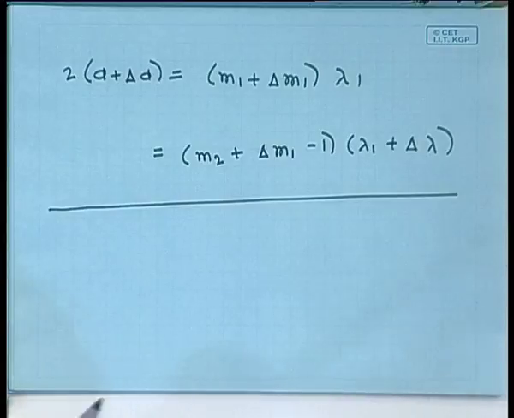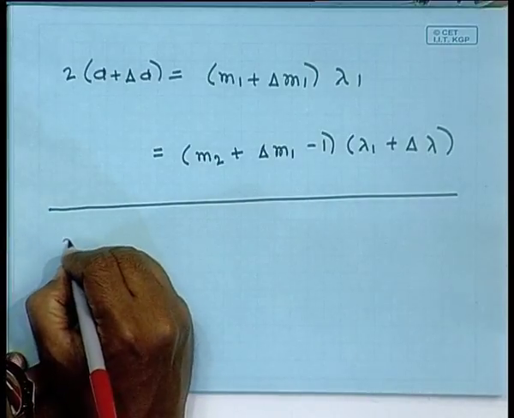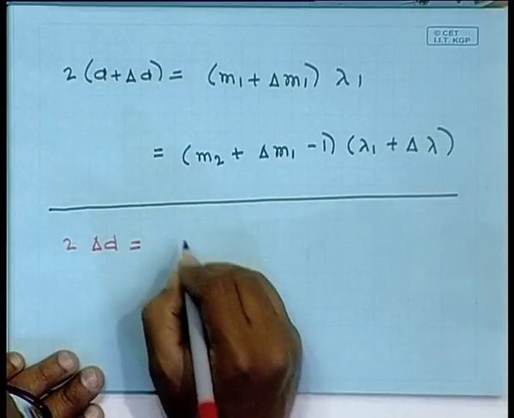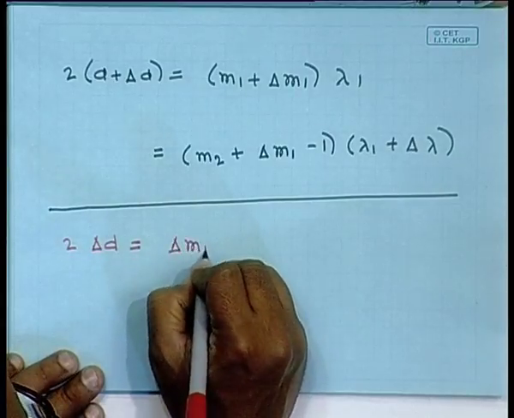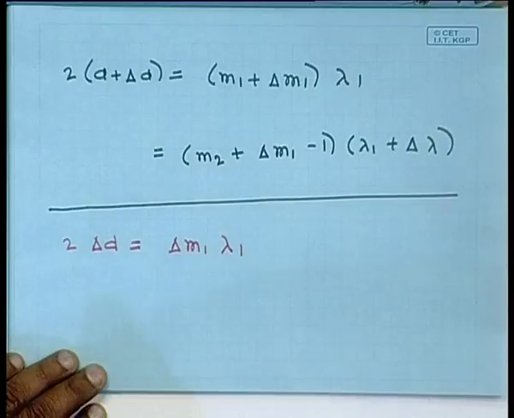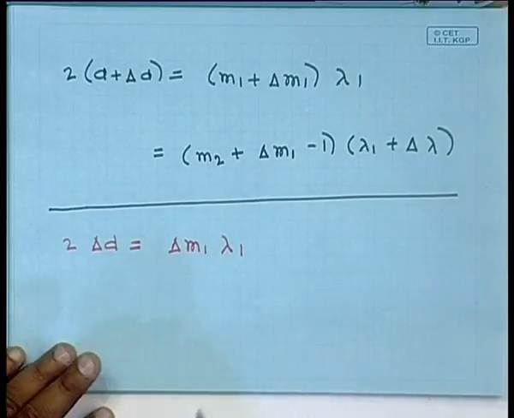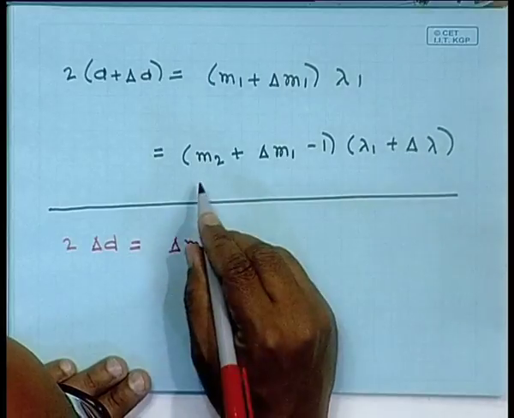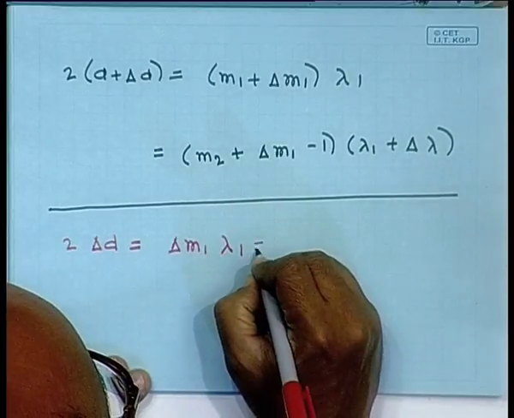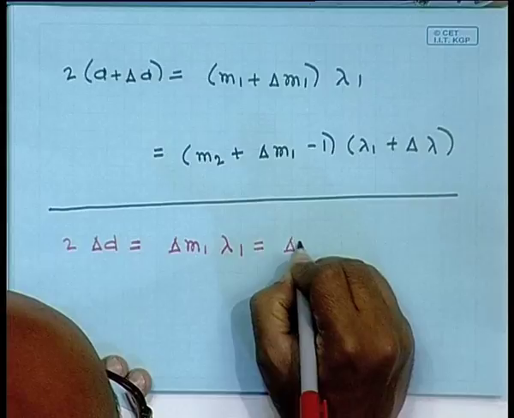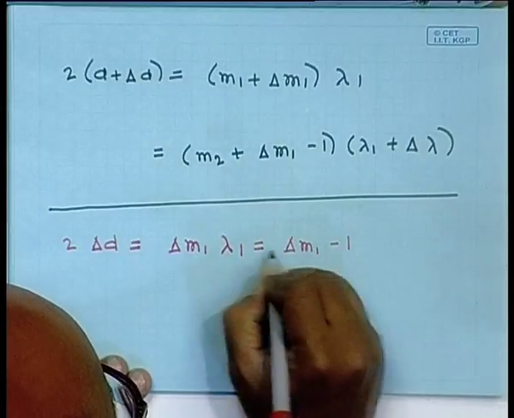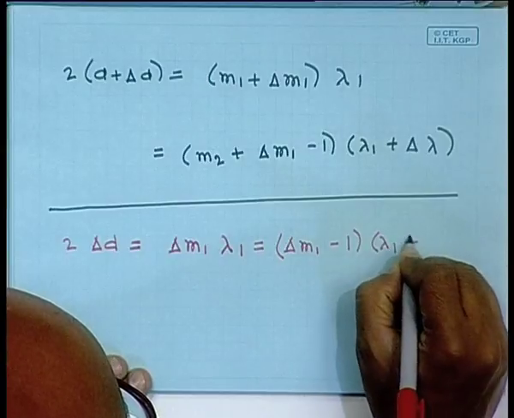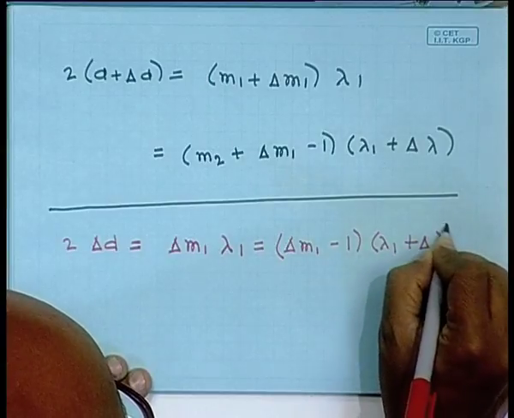If I do a little bit of algebra, what I will get is 2 delta d is equal to delta m1 into lambda 1, and lambda 1 into lambda 1 plus delta lambda gets cancelled out. This is also equal to (delta m1 minus 1) into (lambda 1 plus delta lambda).